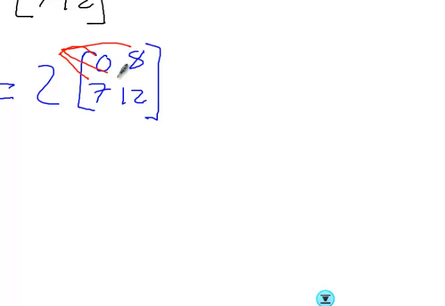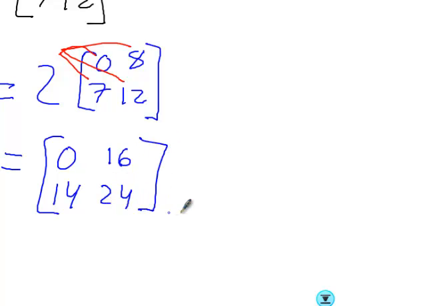You can think of it as distributing the 2 to every single part. Mathematically, it's not really distributing the 2, but you can think of it that way. 2 times 0 is 0. 2 times 7 is 14. 2 times 8 is 16. 2 times 12 is 24.